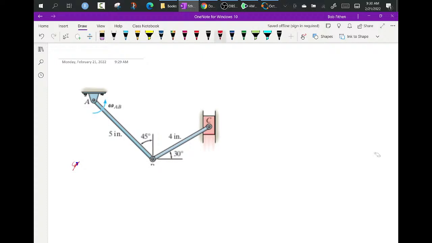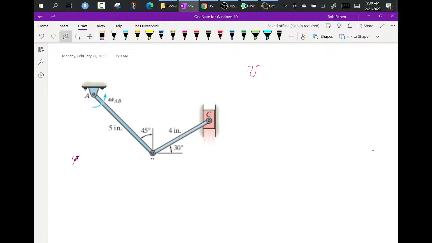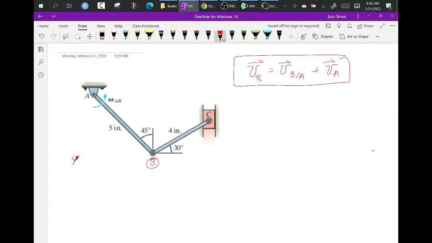This time, what we're going to do is go down the links. Velocity of B is equal to velocity of B relative to A plus velocity of A. This can be written because there is a rigid link AB.